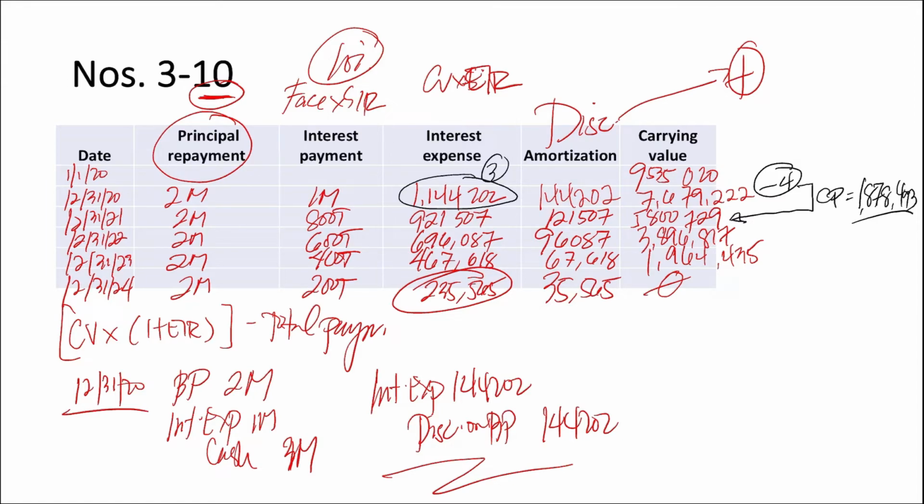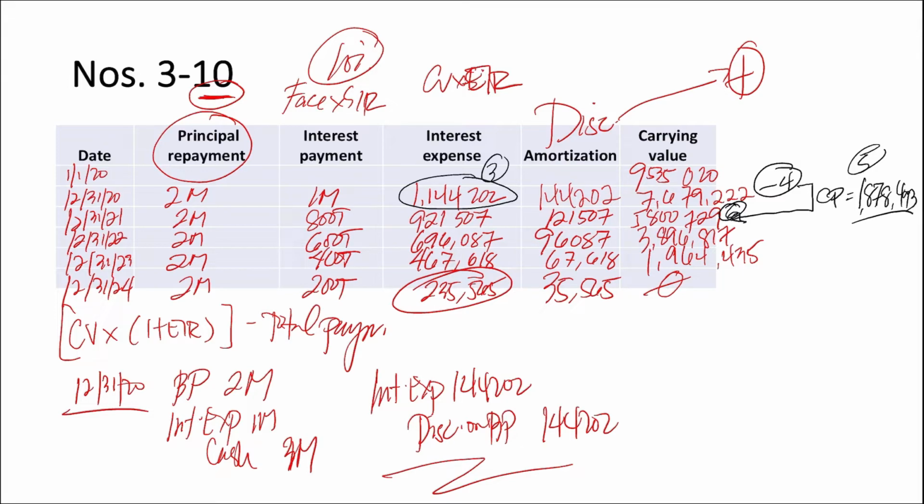So ang sagot natin sa number 5, 1,878,493. Then for number 6, how much is the non-current portion? That's the carrying value of the bond of the next year, which is ito naman. So ang sagot sa number 6, 5,800,729.